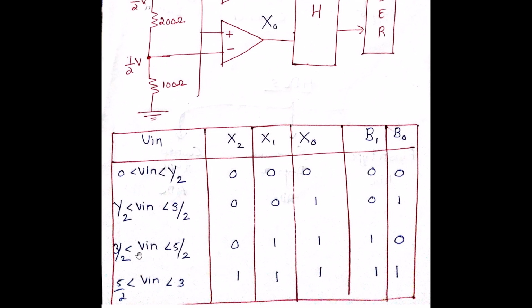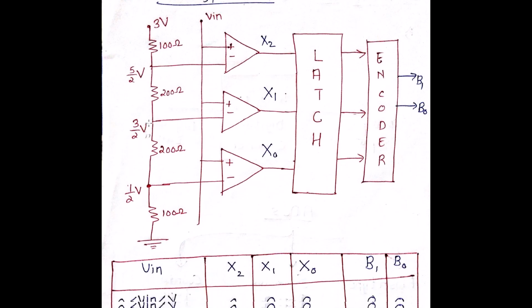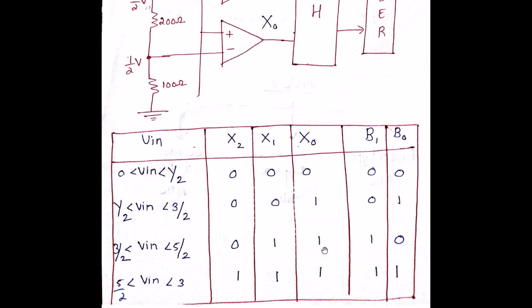When my next input is greater than 3 by 2 but is smaller than 5 by 2, of course my X0 is high, but my X1 also goes high because my input is greater than 3 by 2 but smaller than 5 by 2. Hence I have my X1 and X0 as 1 but my X2 as 0.